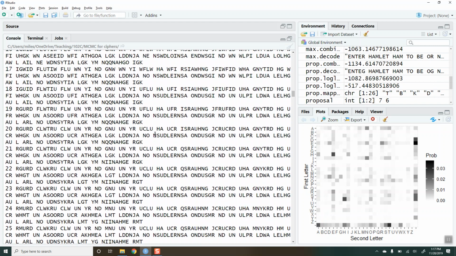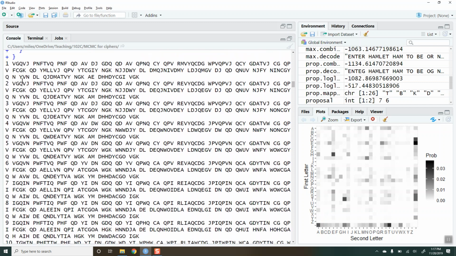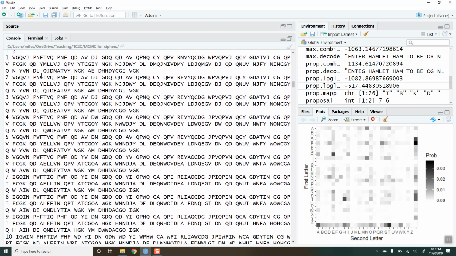In the beginning, it was just gibberish, right? That almost looks like a bad word there. VG, QVJ, something. But immediately we start swapping letters so that rather than all consonants, like the first swap we took said, okay, let's throw some vowels in there.